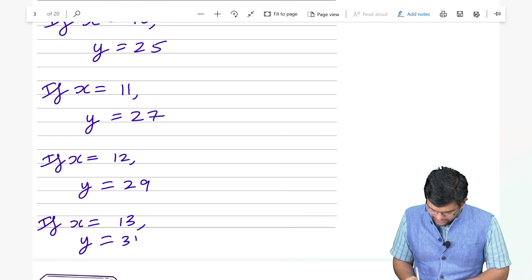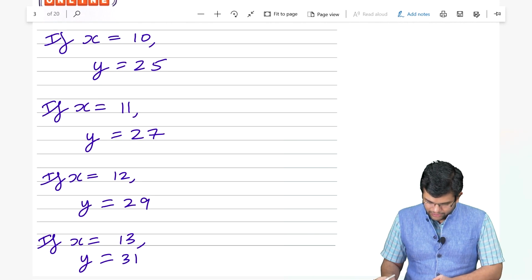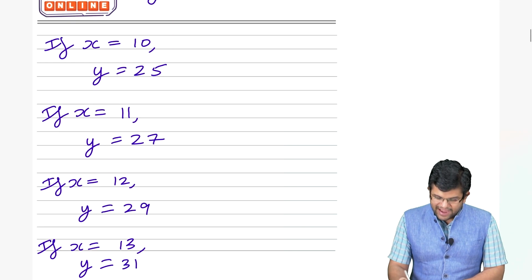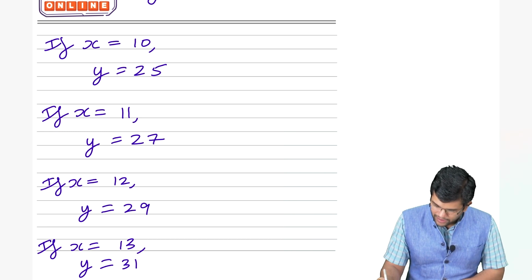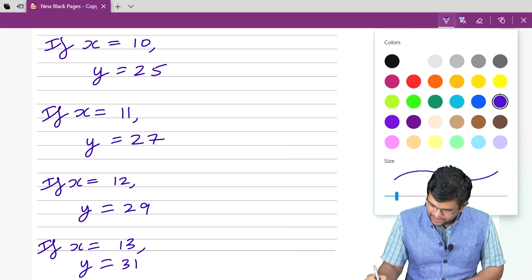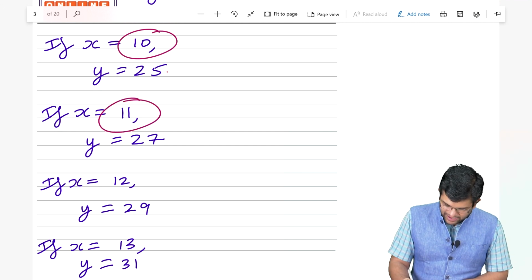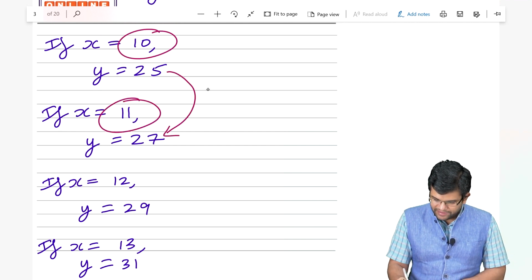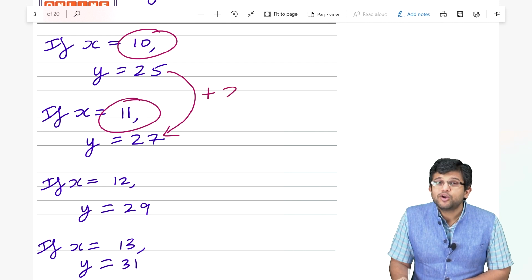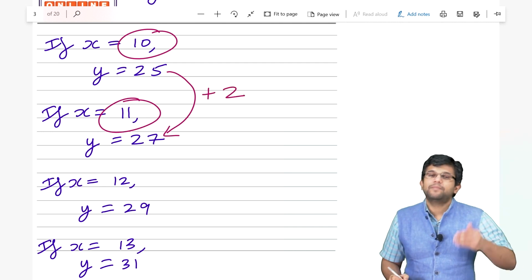Children, can you see, do you have the eyes to see that as x is changing by 1 unit from 10 to 11, y moves from 25 to 27, that it moves by 2. Everybody clear? It moves by 2.